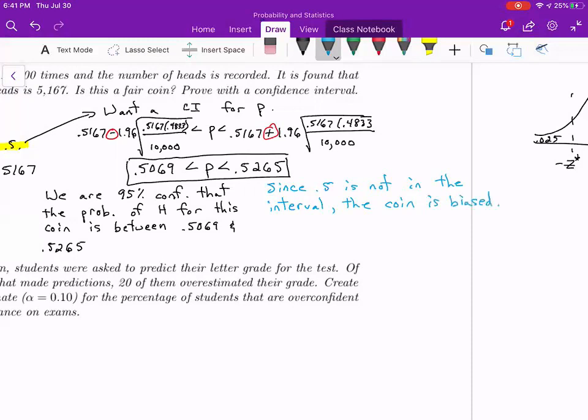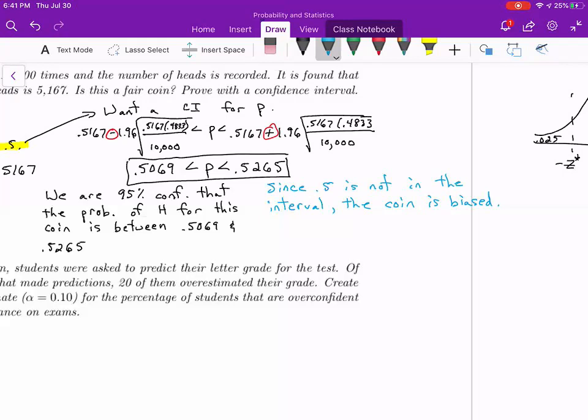Or you could just say not fair, both mean the same thing. Now the question doesn't ask this, but I will. What does the coin favor? Does it favor heads or tails? Good, Miku. Yeah, it favors heads.